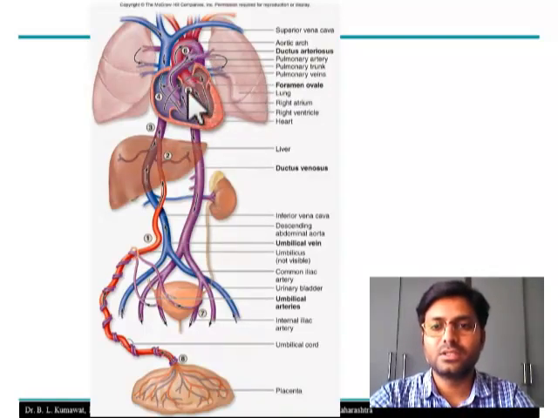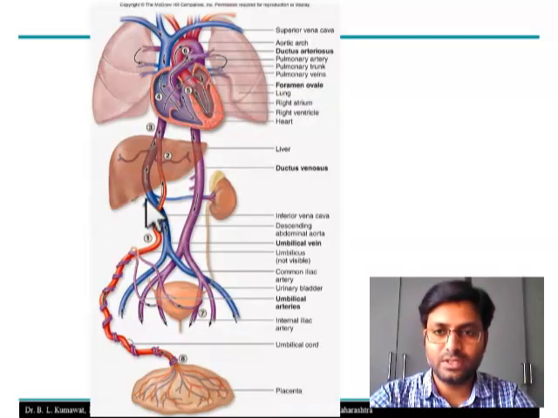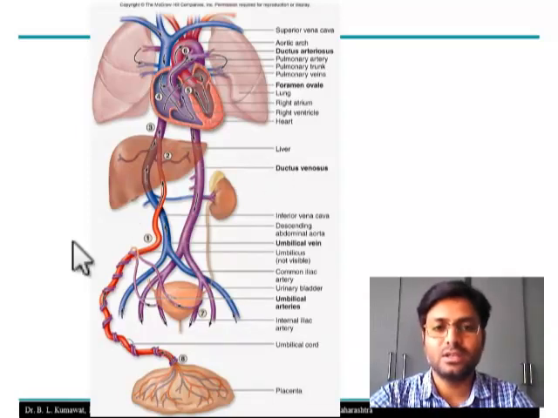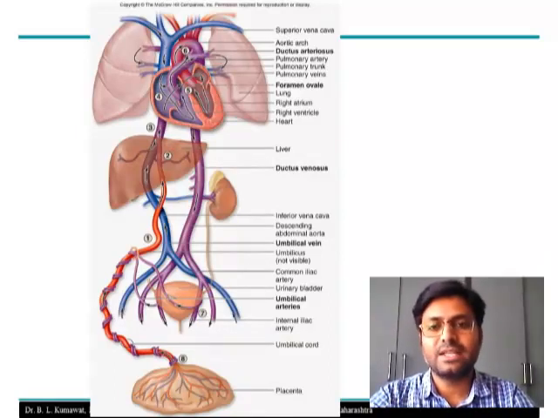And the third shunt is on the interatrial septum, which is having a hole, an aperture, that is termed as foramen ovale. So the details of fetal circulation require a separate lecture, and we will come with a separate lecture on fetal circulation in the near future. So this is all about the kinds of placenta in different animal species.